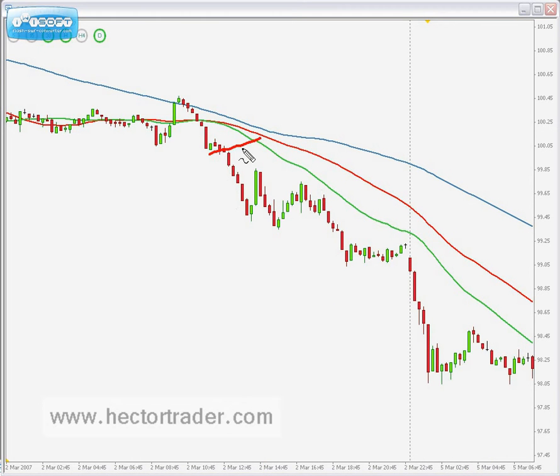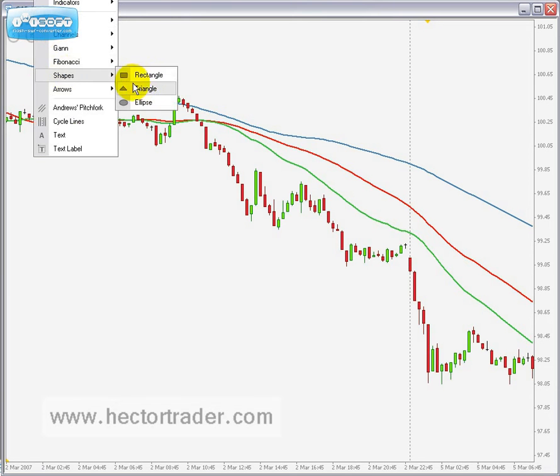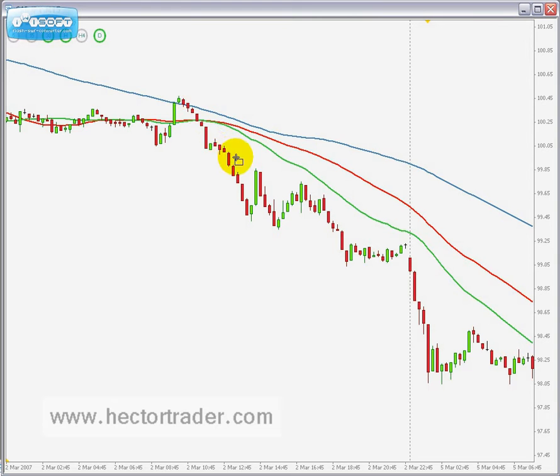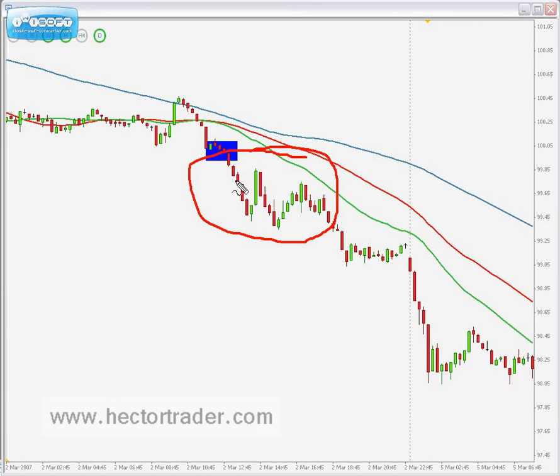So from this moment on, let me mark that with a small rectangular shape, right there. That was my entry point. And actually not that long after, about 1 or 2 hours later, I saw the price began consolidating sideways, forming a very clear price pattern.